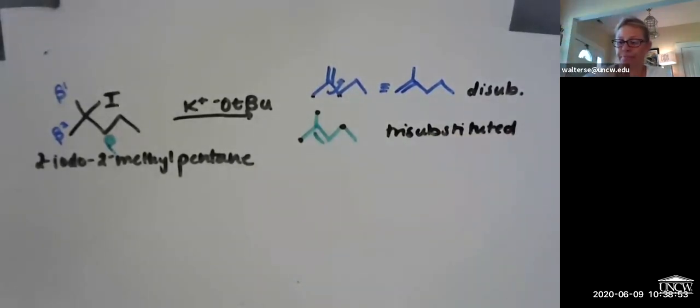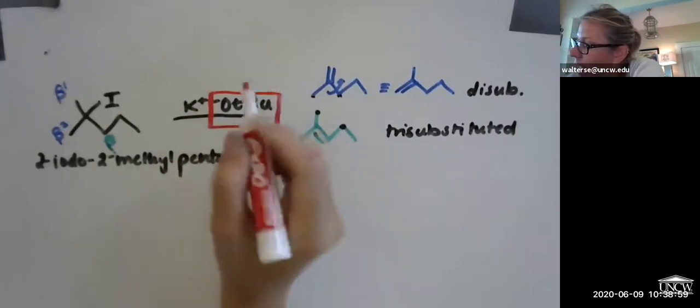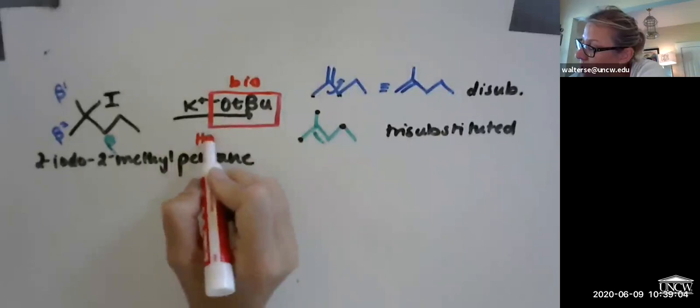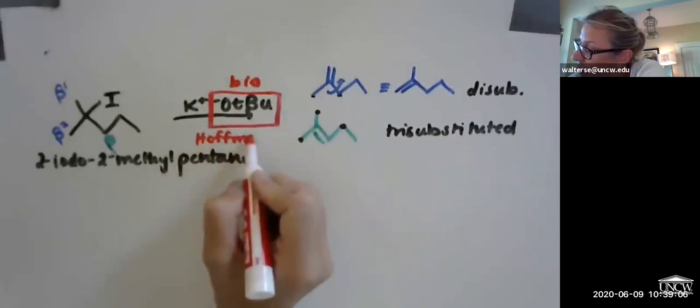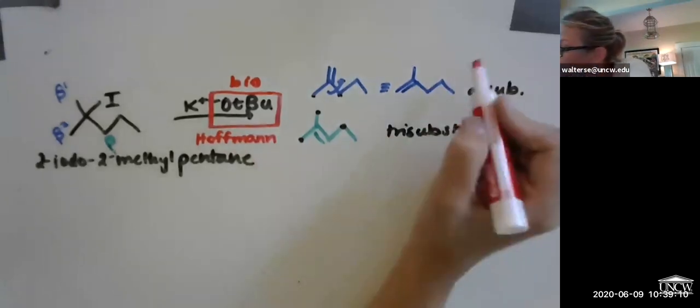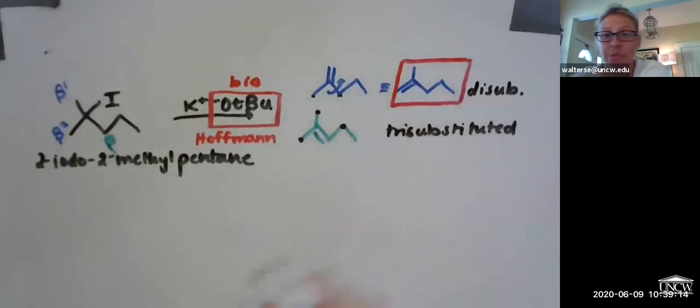Okay. I go back, look at my base, and it's big, which is a Hofmann selective reaction condition. So the disubstituted alkene would be your major product.